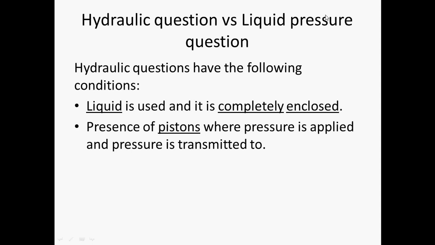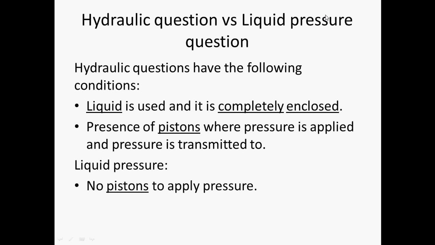All right, so it's a very simple telltale sign that this is a hydraulic question. Similarly, for liquid pressure, usually the easiest way to identify that it's not a hydraulic question is that there are no pistons to apply the pressure.